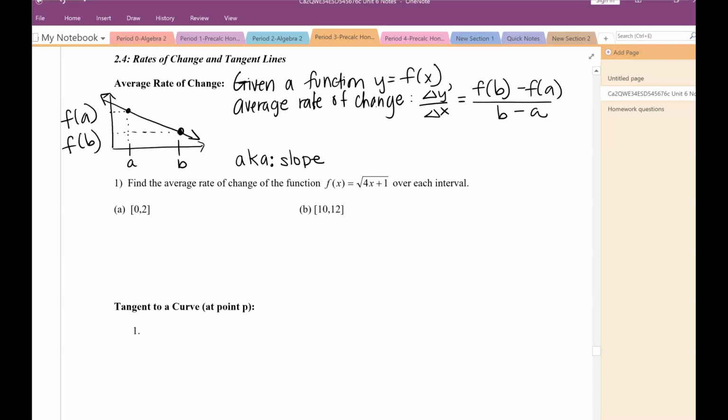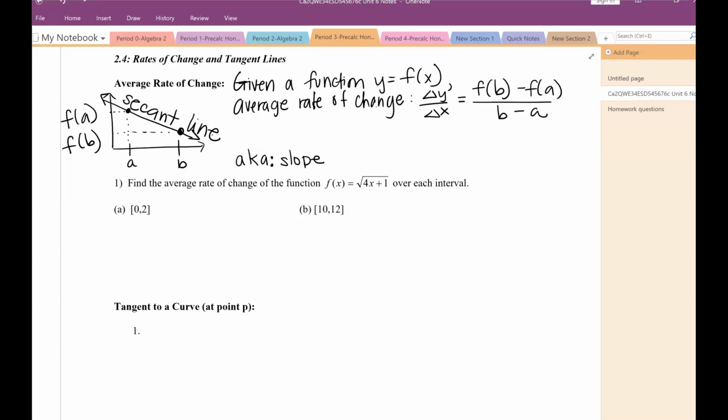So the slope is the average rate of change. But in Algebra 1 and Algebra 2, we didn't really use this word. If you have a line going through 2 points, this line is actually called a secant line. A secant line is a line that runs through 2 points.